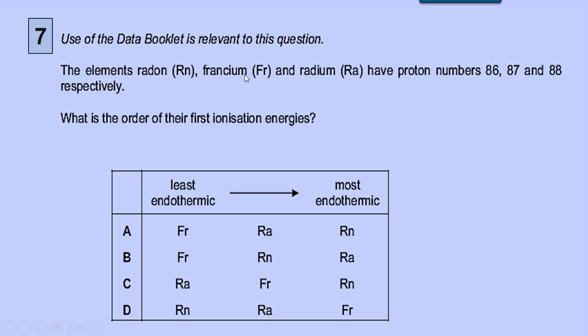The elements radon, francium and radium have proton numbers 86, 87 and 88 respectively. What is the order of their first ionization energies? Of course, radon is a noble gas that has the highest value of ionization energy.